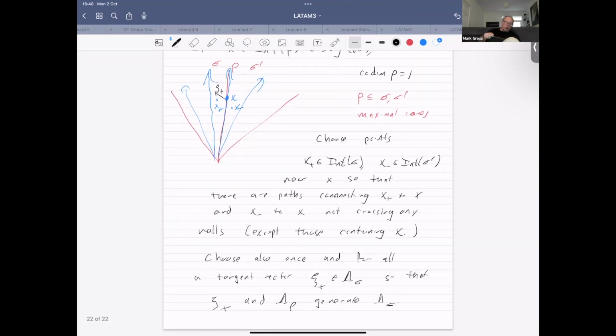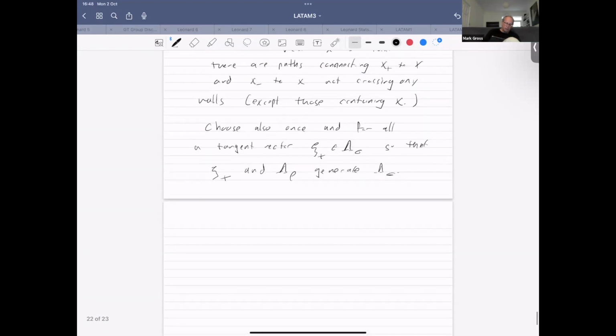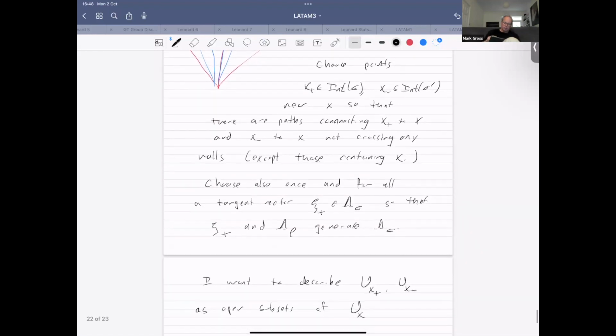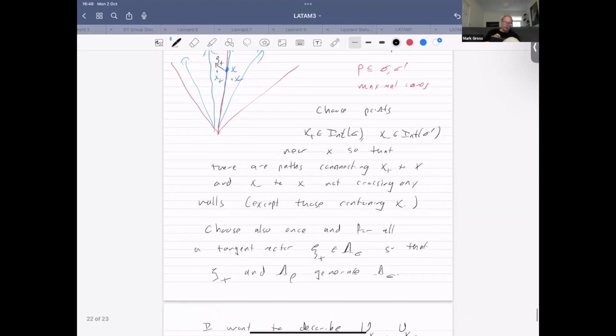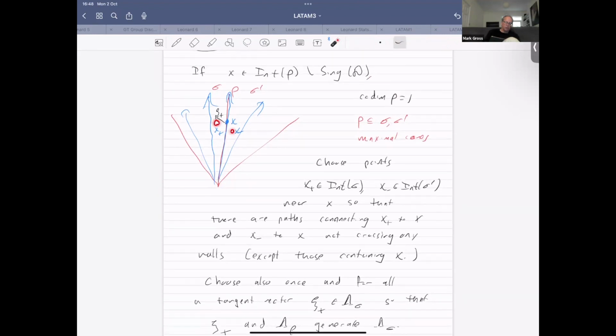Okay, so I want to describe ux plus and ux minus as open subsets of ux. So, just to recap, I associate to each of these two points this thickened algebraic torus, this algebraic torus over spec AI. And then at X, we have this u sub X, which is this more complicated thing.